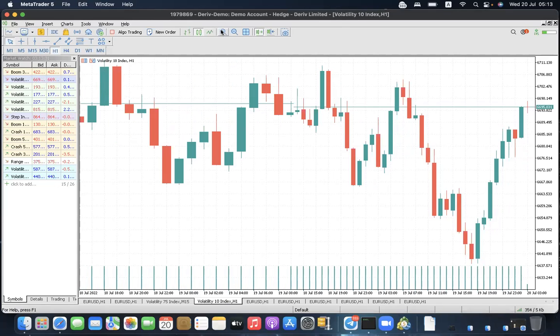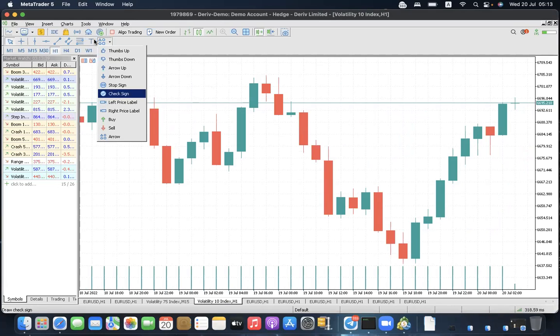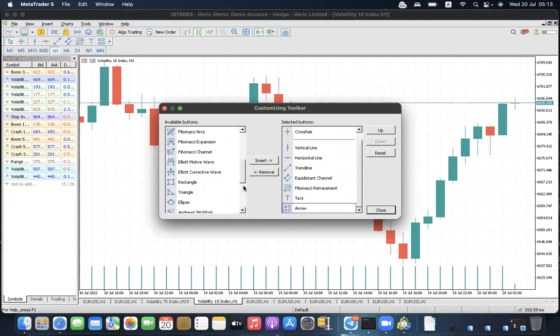So when we talk about healthy price action, again, let me repeat. As you can see here, let me add our rectangle tool. Customize. Where is the rectangle? Here. Okay.